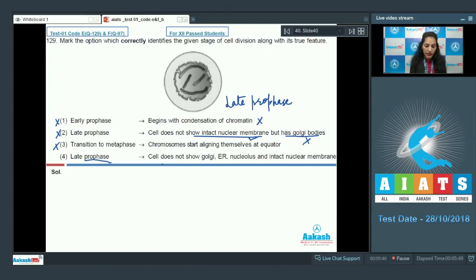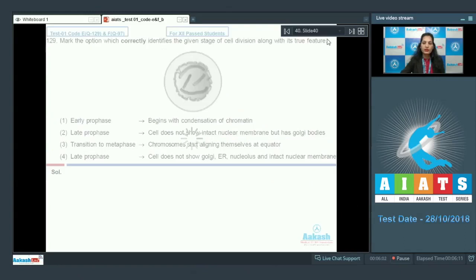Fourth is late prophase. Cell does not show Golgi, ER, nucleolus and intact nuclear membrane. Yes, it is the true one. Here in the given stage you cannot see Golgi, ER, nucleolus and intact nuclear membrane. So the correct option for the given question is option number 4. Let's move on to the next question.